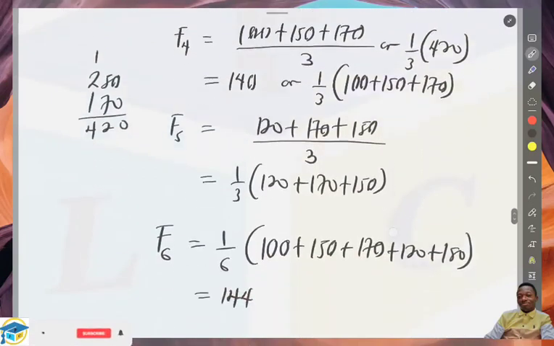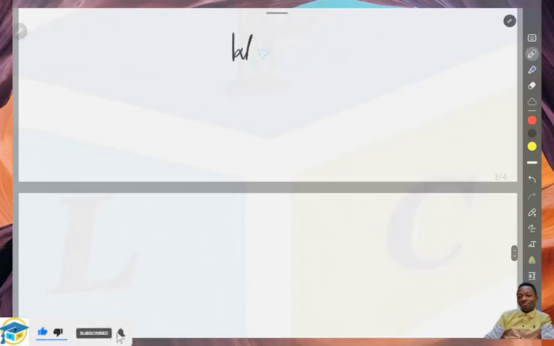So once you're able to get the simple moving average, we can as well discuss the weighted moving average. The weighted moving average is actually the opposite, or the brother, to the simple moving average. Whilst the simple moving average places equal weight on the past data to determine the forecast for the coming period, the weighted moving average places unequal weight.